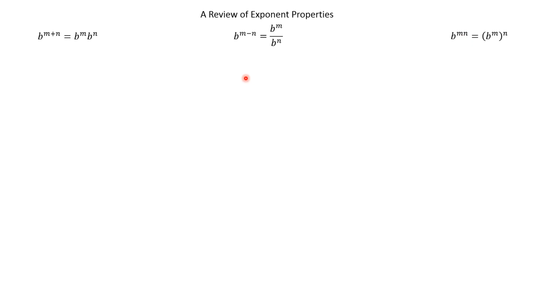Being that logarithms are the inverse of exponential functions, the properties of logarithms are going to match these fairly well. So I wanted to get these on the screen first. So now let's look at some properties of logs. The first one we're going to look at is the product property of logs.